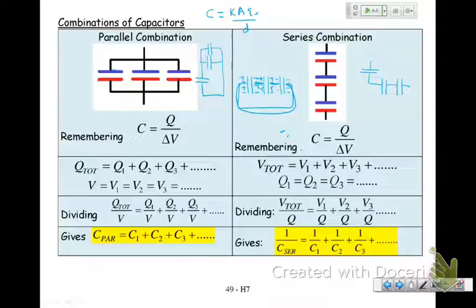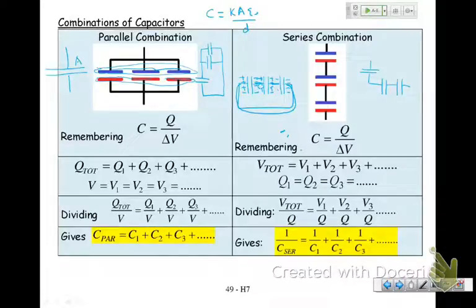So I could basically connect those guys together, and that really means that these plates are joined together. Electronically, they are joined together, and those plates are joined together. So I could rebuild this capacitor by making one plate that's the same area. I just increased my area.